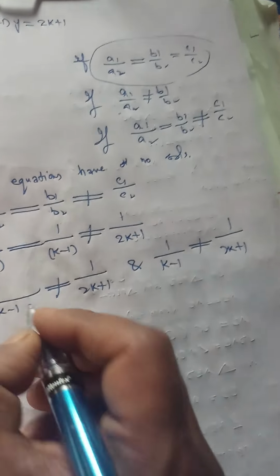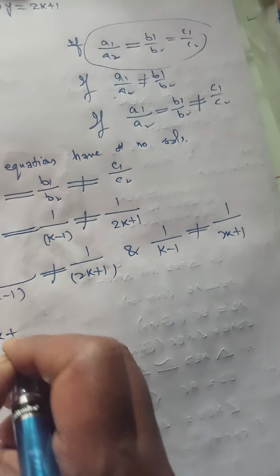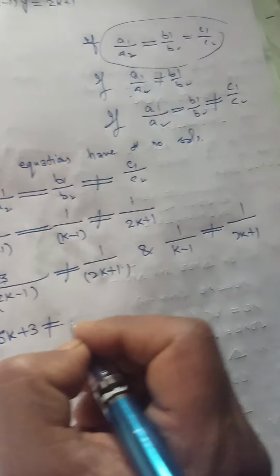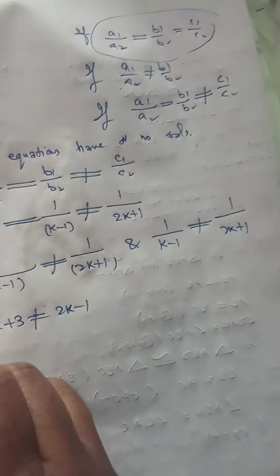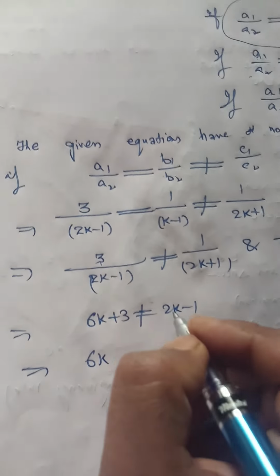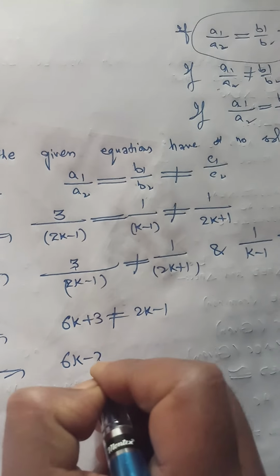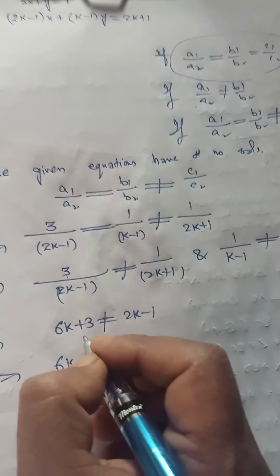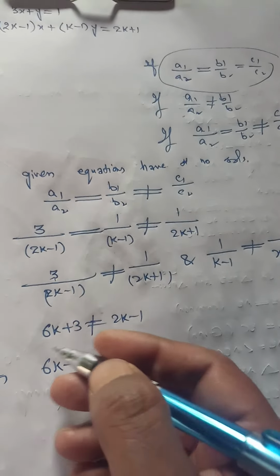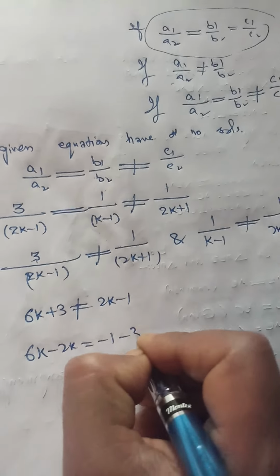Now by cross multiplication we get 3 into (2k plus 1), that is 6k plus 3, is not equal to 2k minus 1. Now take 2k here, it becomes minus 2k, and when we transfer plus 3 to the other side, it becomes minus 3.